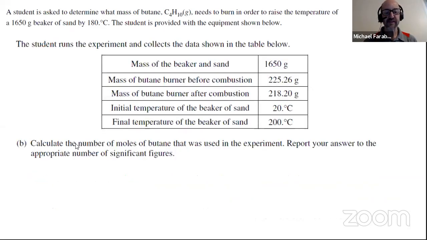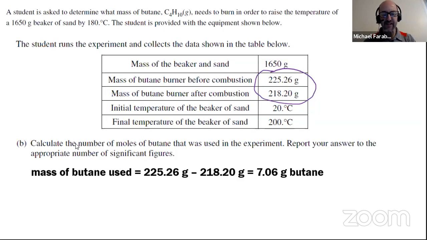The student runs the experiment and collects the data shown in the table below. Calculate the number of moles of butane. So we're going to focus on this part of the data table. How many moles of butane were used in this experiment?